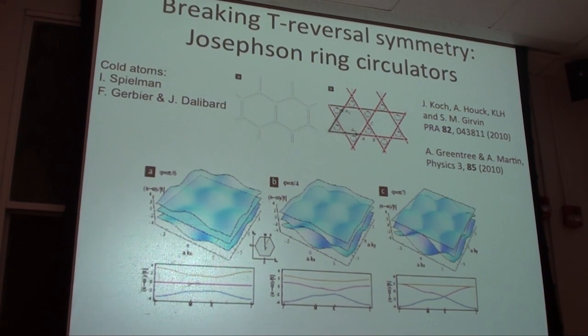We have photons. But now the good news is the photons feel a flux, they feel this complex phase. And here it is done in a way that the fluxes just appear on the bow tie of this Kagome lattice. Okay? So what is really nice here, you get what you need.